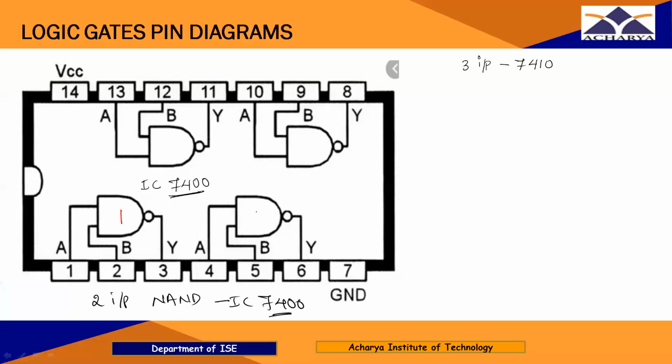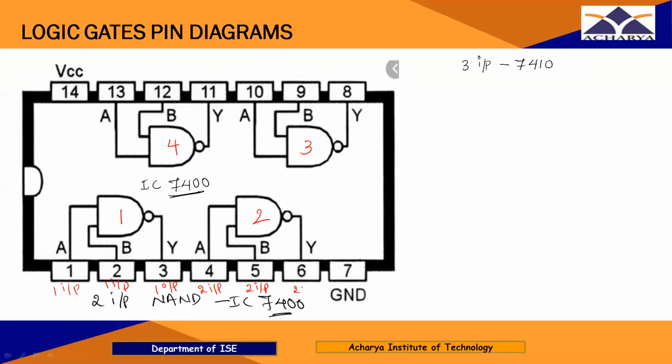So this is first gate, this is second gate, third gate and fourth gate. So here pin number 1 and 2 are the inputs to the first gate. Pin number 3 is the output. So for the second gate, pin number 4 and 5, that is input.